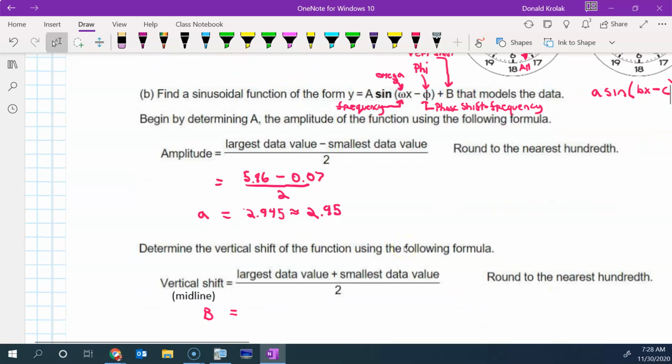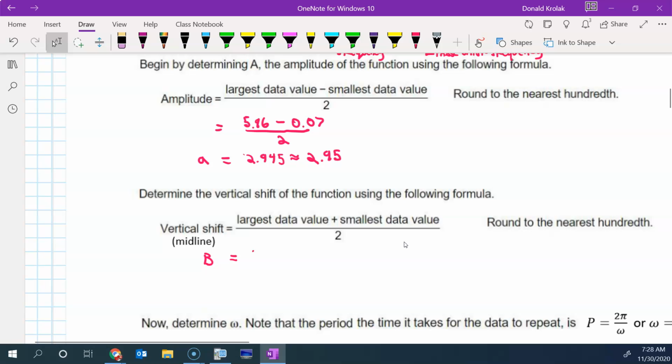Okay, all right, so it's plus 3.015, and when I round that, 3.02.